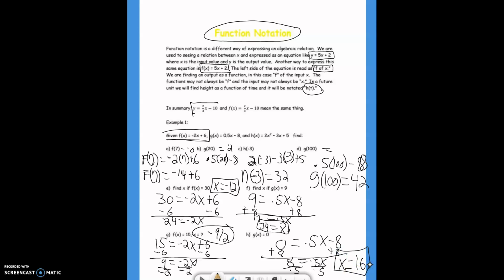So again, it's just another way of solving problems. Now let's look at another option with function notation, which is a table of values, right? Or a graph, okay? So, table of values, this would be basically my x or my y. Here it looks like we're using t for time, right?